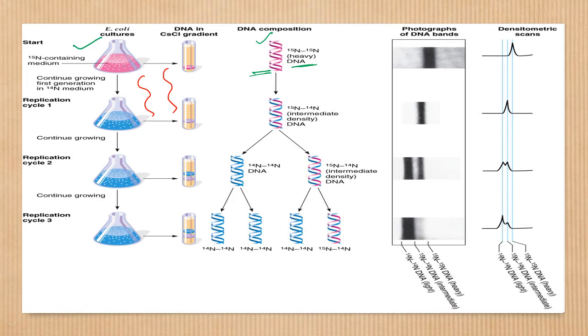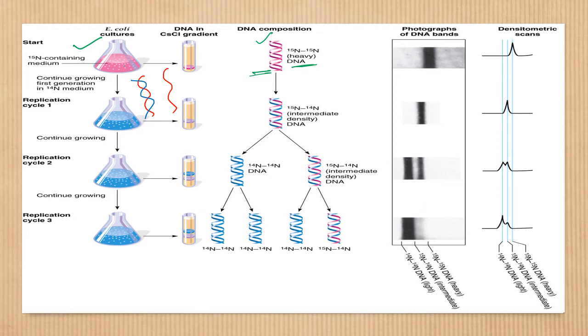So what happens here? One strand synthesizes its own DNA. The blue color indicates that here the nitrogen source is only the normal nitrogen N14. The red color indicates the heavy nitrogen isotope, and blue indicates the normal nitrogen N14.